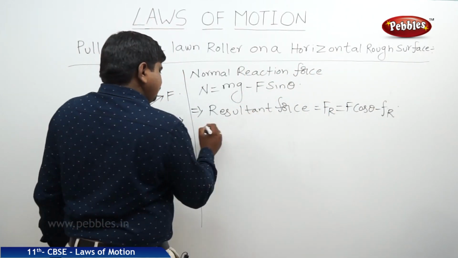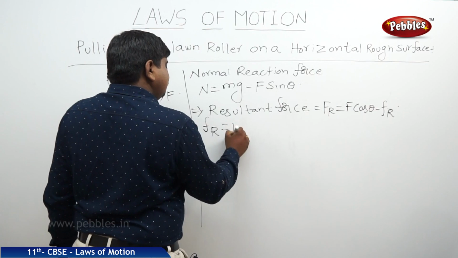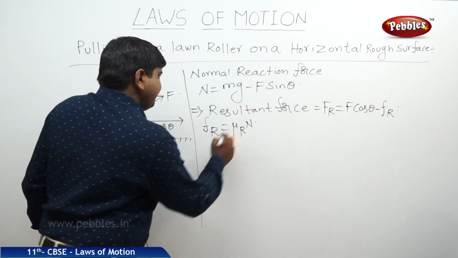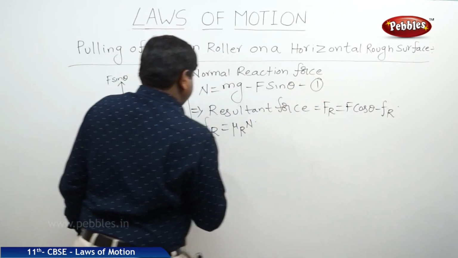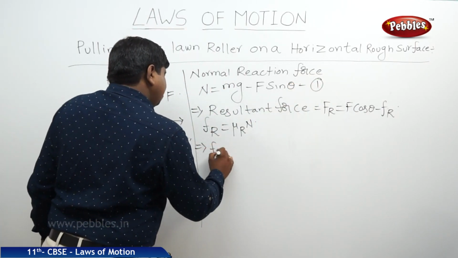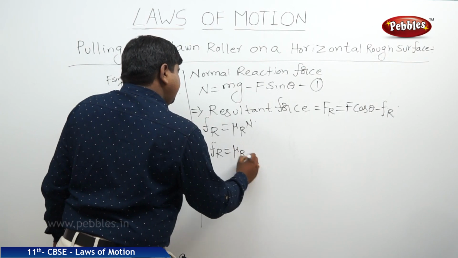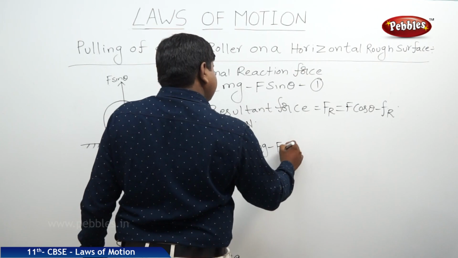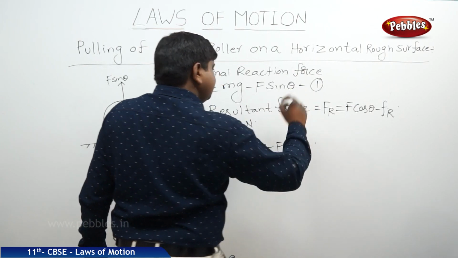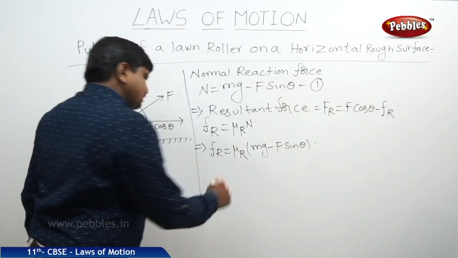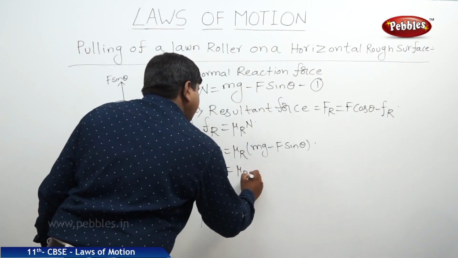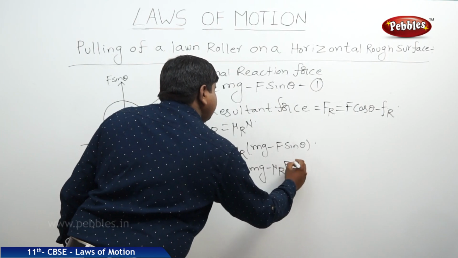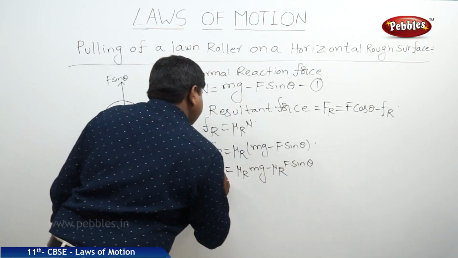So we can write Fr is equal to mu r N. This N is equation number 1. Therefore, Fr will become mu r into N, where N is equal to mg minus F sin theta. So it is mu r mg minus mu r F sin theta. It is Fr.